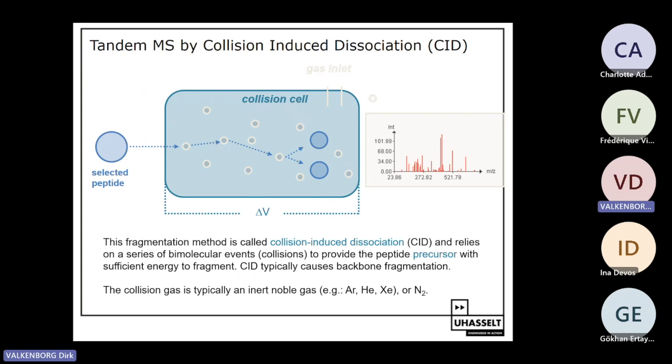It can break between the D and the I, between the I and the R, and between the R and the K. While breaking, it will produce fragments of a different mass, and it is those fragments that we will measure. Based on that sequence of masses that we read, we can infer later on the exact amino acid sequence from the MS2 data.